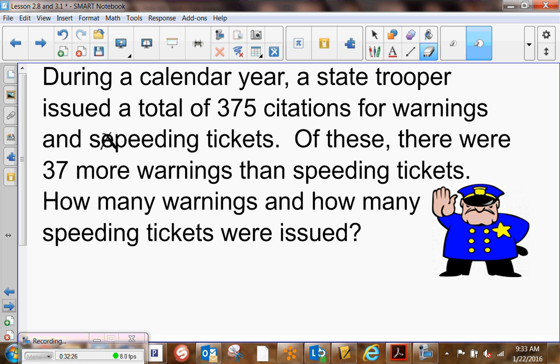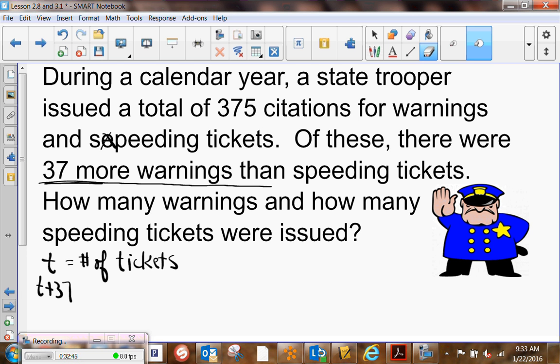Well, if there were 37 more warnings than speeding tickets, I'm going to let T be the number of speeding tickets. And 37 more than that is going to be warnings. So T plus 37 is going to be warnings.